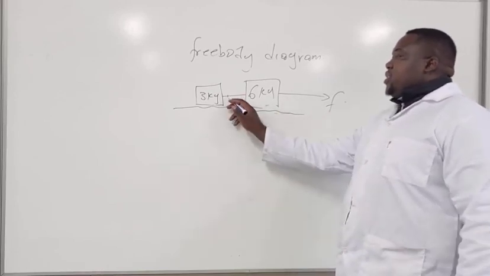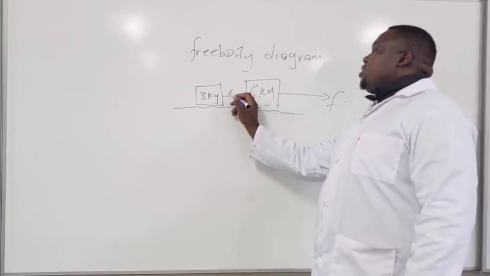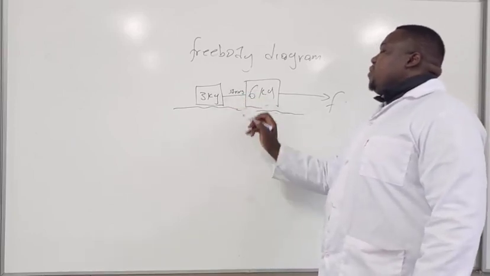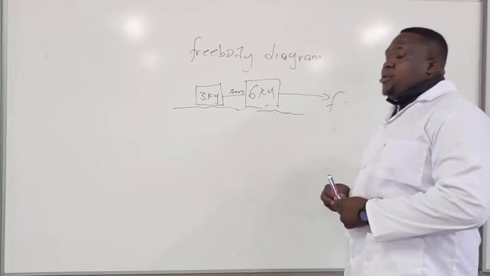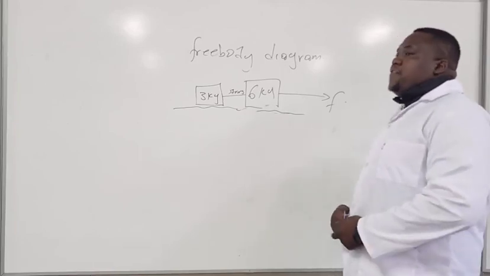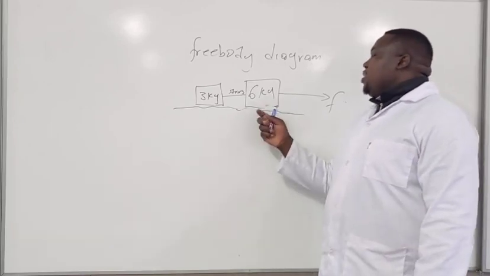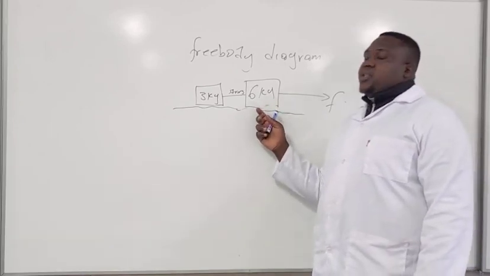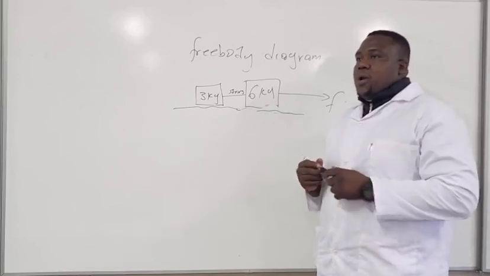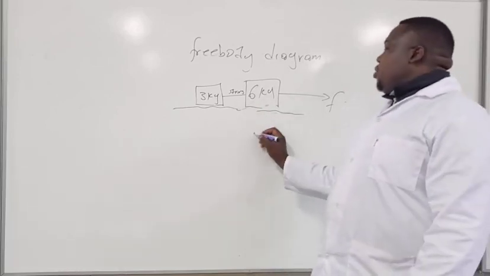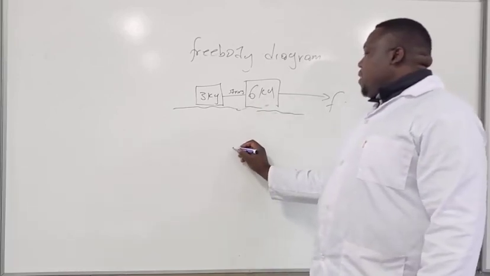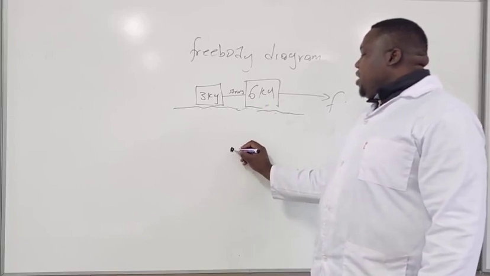So there is a string, you can see this is a string which is attaching the two boxes. We must draw a free body diagram of the 6 kg. When we draw a free body diagram, we are going to draw a body by drawing a dot.